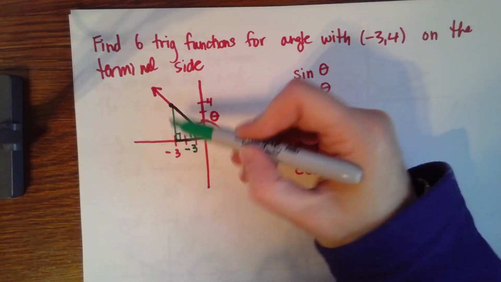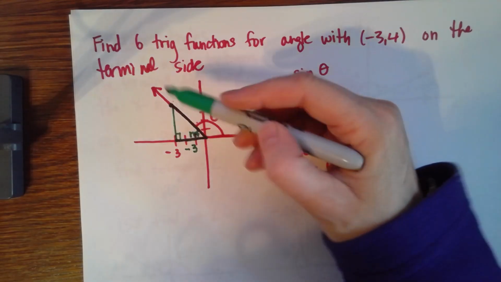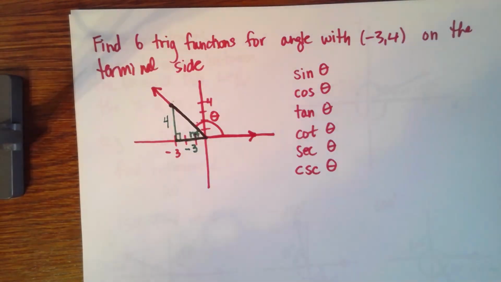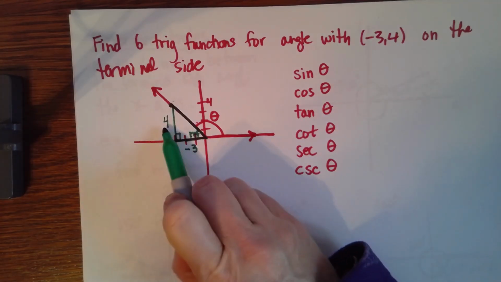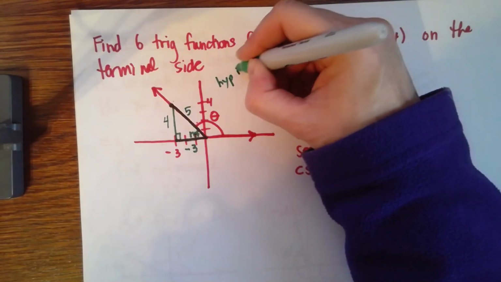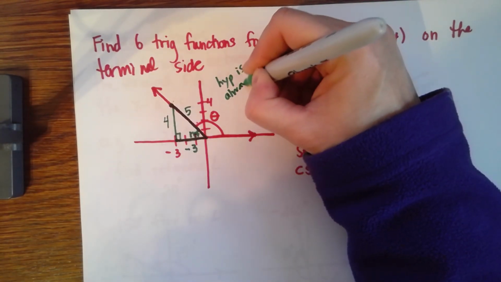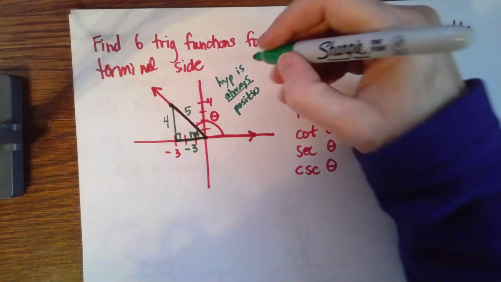Now this leg right here is going along the positive y-axis, so this will be a +4, and the hypotenuse is always a positive number. The hypotenuse is always positive. So this is like a 3, 4, 5 triangle. Notice the hypotenuse is always positive. Only the legs will have signs.